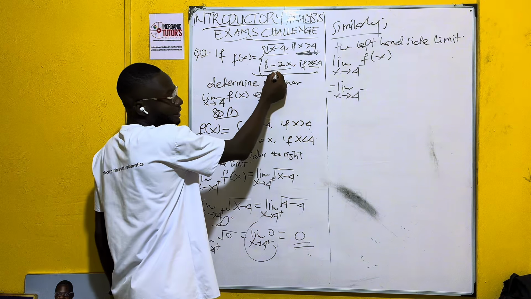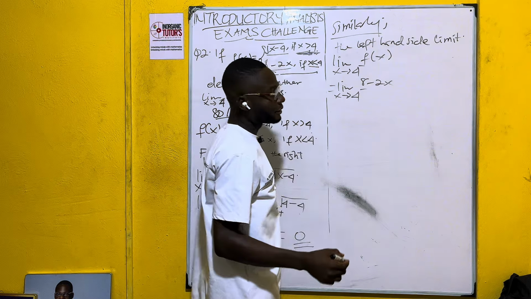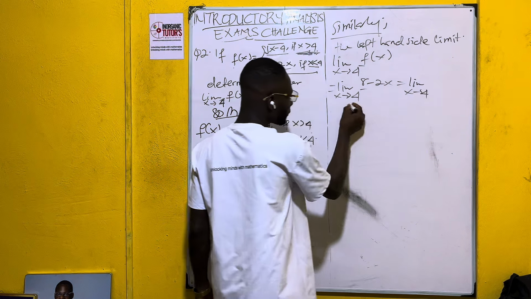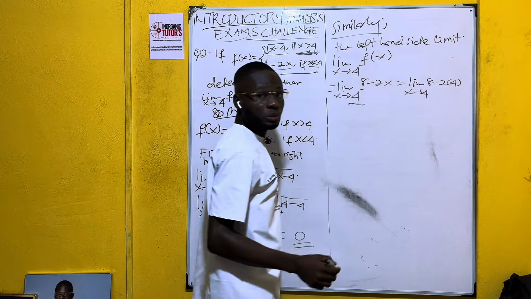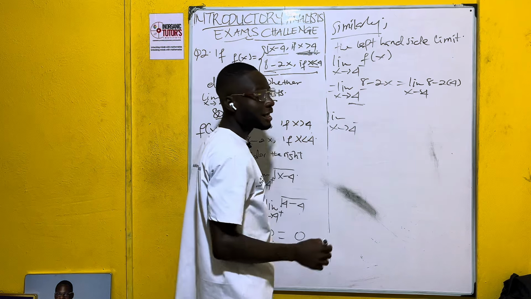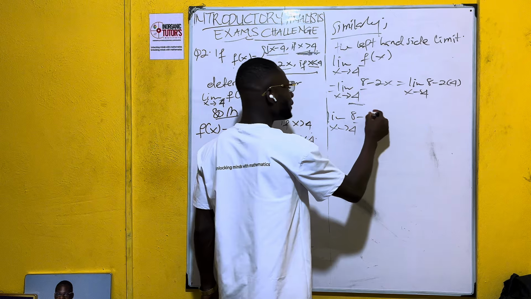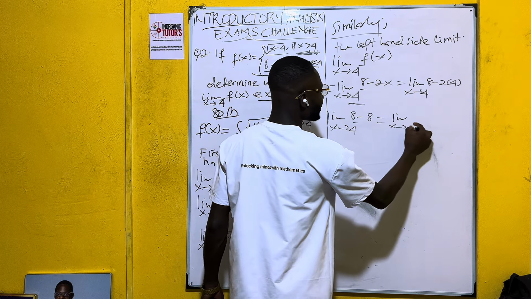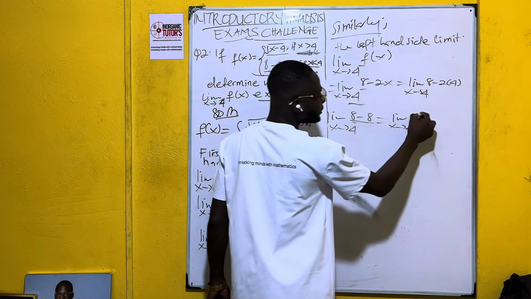Now, the left-hand side is 8 minus 2x, right? So when you substitute the limit, we are going to have 8 minus 2 times 4, which is 8. So this is equal to limit as x approaches 4 from the left-hand side of, this will give us 0, right?